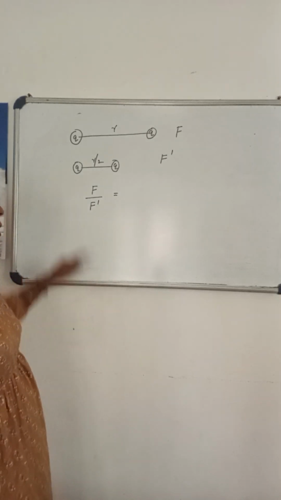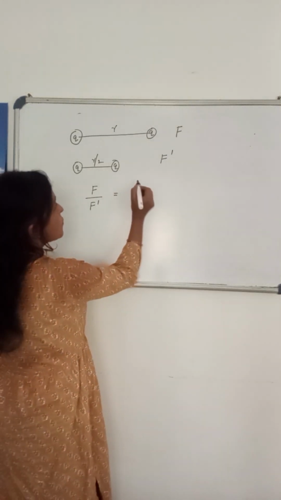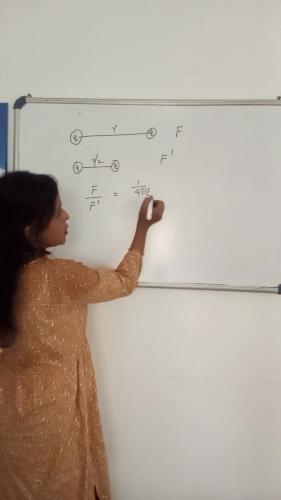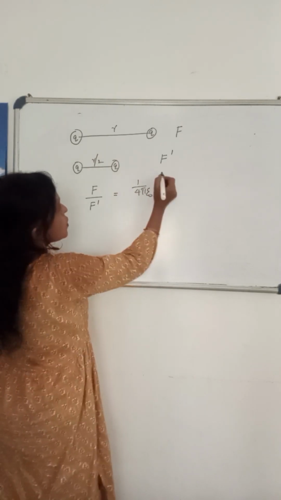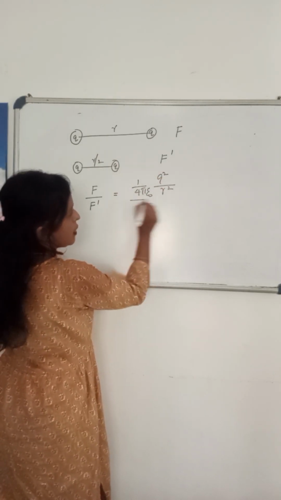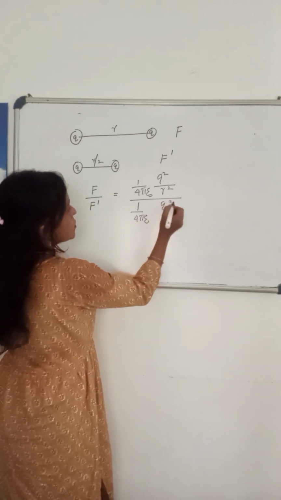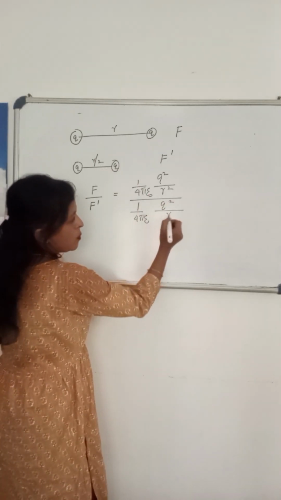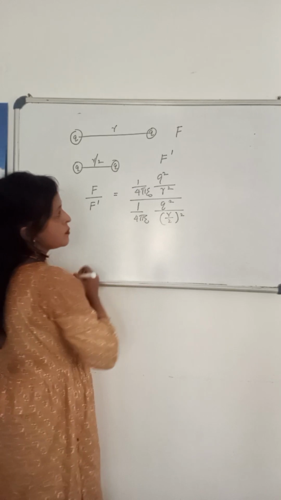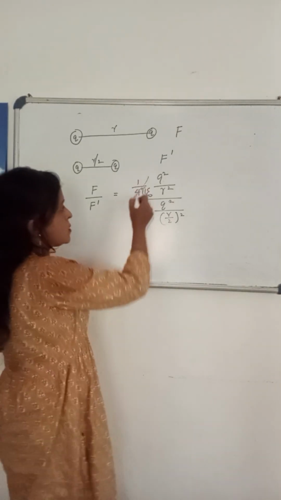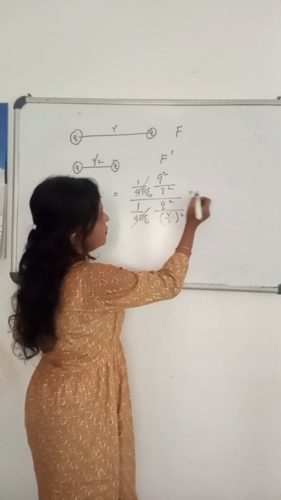That is the question. Then F is 1 by 4 pi epsilon 0 Q square divided by R square, divided by 1 by 4 pi epsilon 0 Q square divided by (R by 2) square. Okay, these two cancel each other.